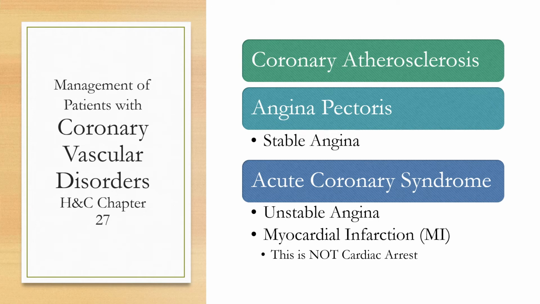Okay, myocardial infarction. So myocardial infarction, by definition, is saying there's been a heart attack. There's been an infarction, which is myocardial cell death. And there's going to be release of troponin into the blood. So in a myocardial infarct, you are going to have elevated troponin.